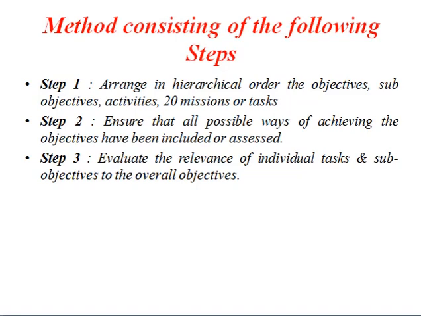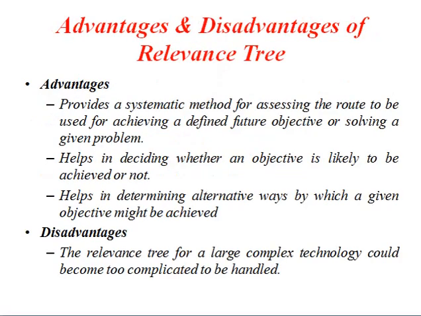And coming to step 3, evaluation. Evaluate the relevance of individual tasks and sub objectives to the overall objectives. Now you need to focus on the advantages and disadvantages of a relevance tree.